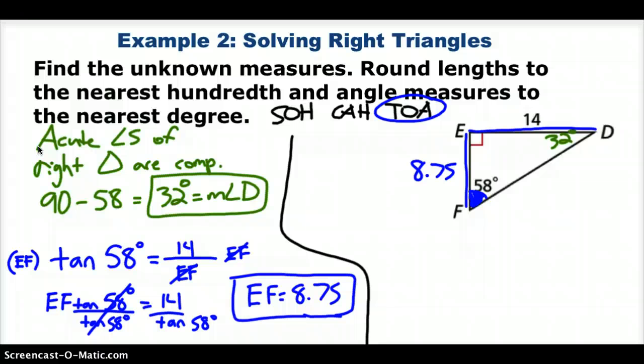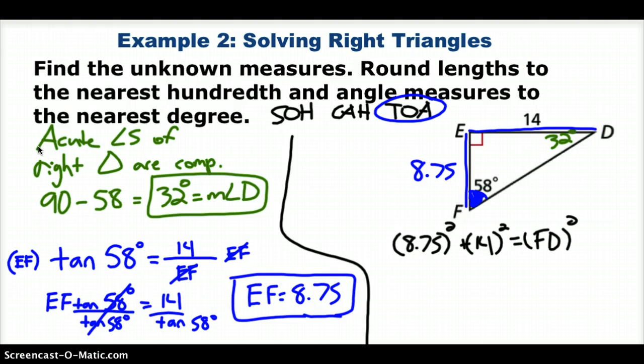But wait, we can't, right? That's kind of the point. We use the inverse trig functions to find the angle measurements, but we already have all the angle measurements. So in this case, I'm just going to go ahead and use the Pythagorean theorem. I'm going to say that 8.75 squared plus 14 squared is equal to FD squared.